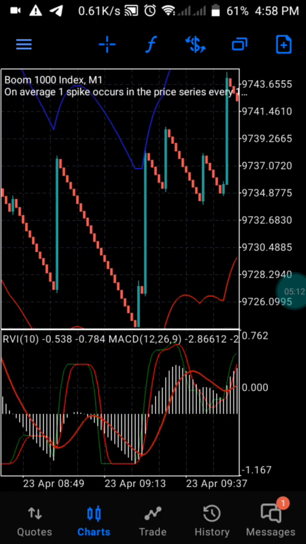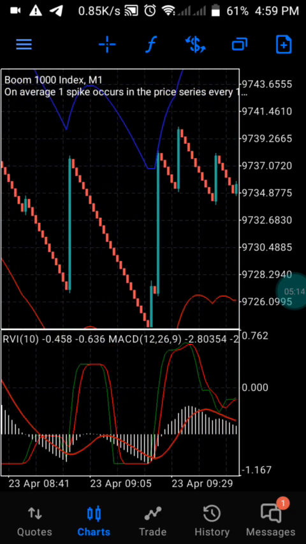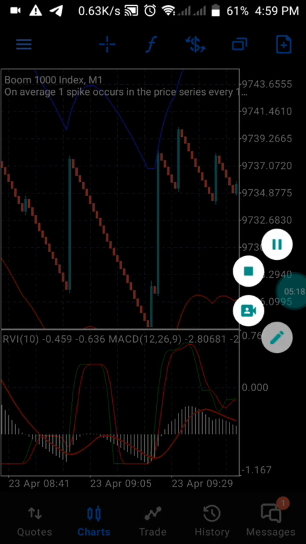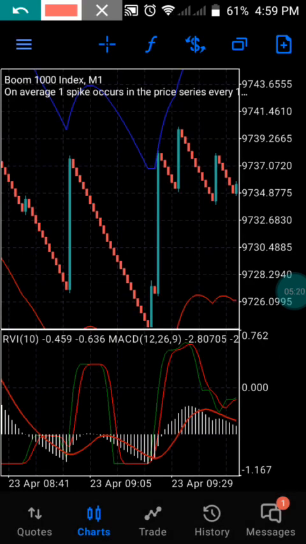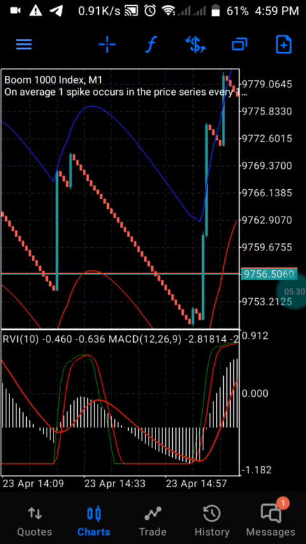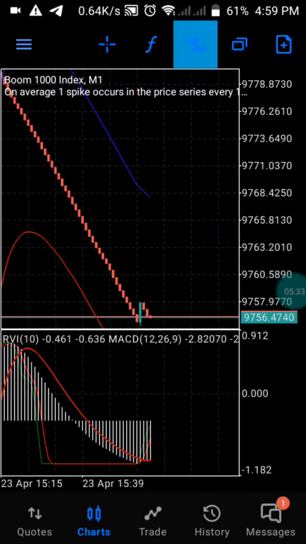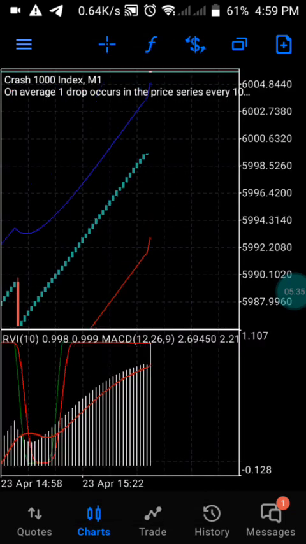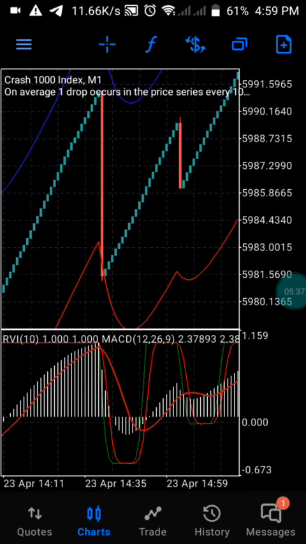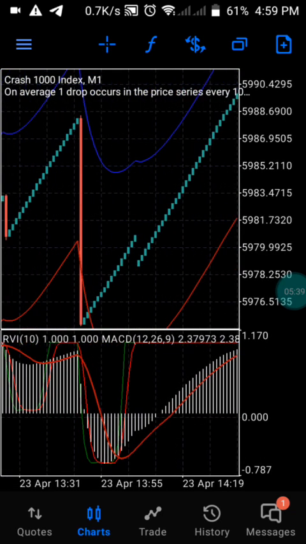So I told you guys that the same thing always happens on Crash 1000. What you only need to see is that the histogram is going to meet that particular level where they want to join together, and what you see next is a great spike. So guys, I'm going to show you what happened on Crash 1000 so that you also can see how this really works.